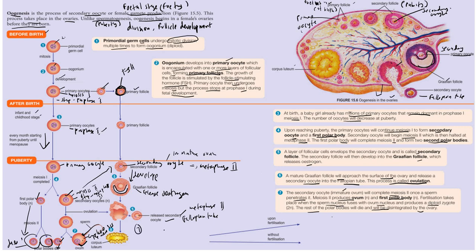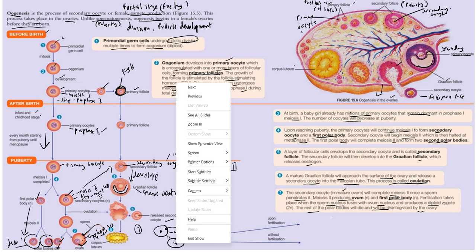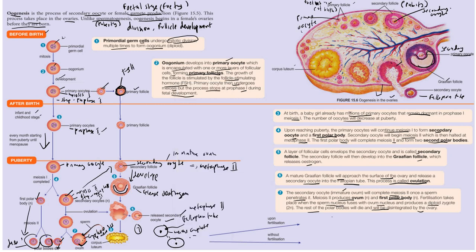here. So this is the secondary oocyte, okay, and this is the sperm. For this, when the sperm penetrates this one, meiosis completes, and produces the ovum. So now the structure here we know as ovum, and still has the sperm, right?